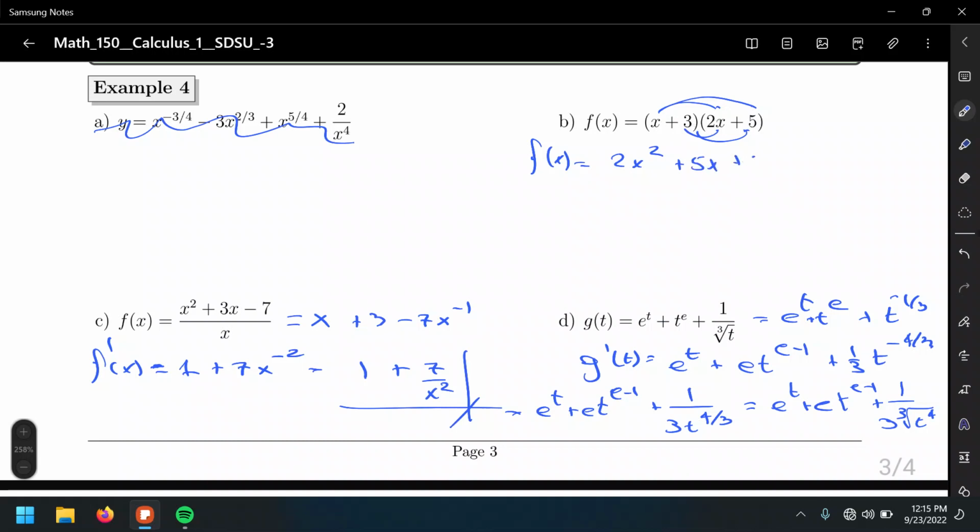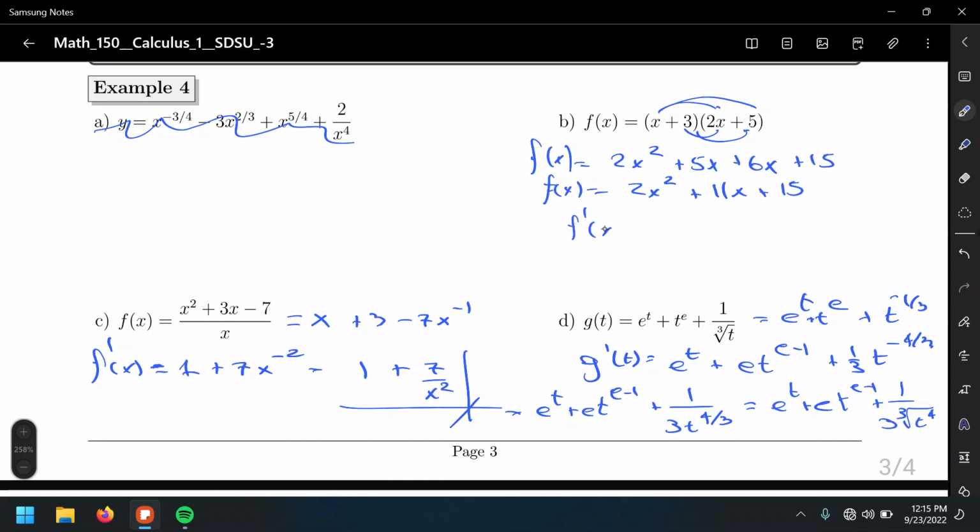And 3 times 2x, that's 6x. And 3 times 5, that's 15. Combining like terms, 2x squared plus 11x plus 15. And let's just take the derivative of this polynomial.